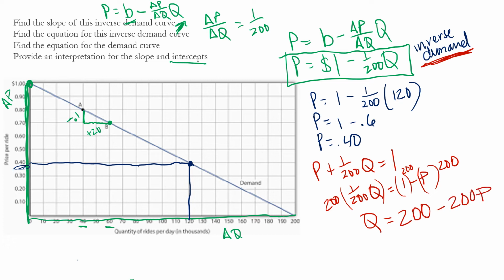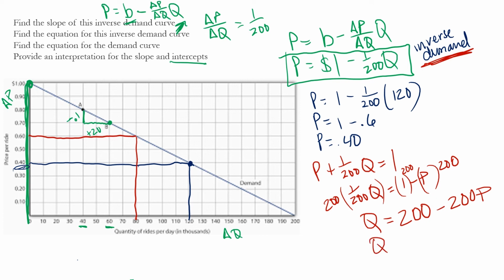And again, something is wrong with that, I think. Let me check. Let me take a P of 60, and I should get, what's that value down there? 80. Okay.